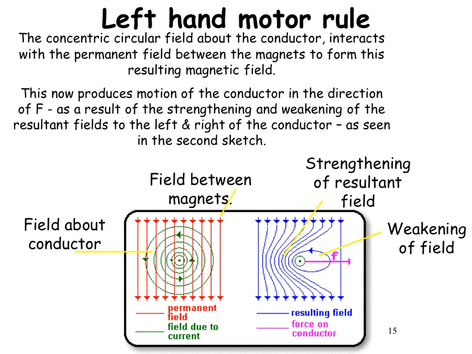They're all going in the same direction, so I've got lots of magnetic field. On the right hand side of this conductor I have got a cancelled out magnetic field because the red lines are coming down, the green lines are going up, and then the weakened field leaves this wire able to move with a force into there. So we get a motion of the conductor in the direction of the fields.